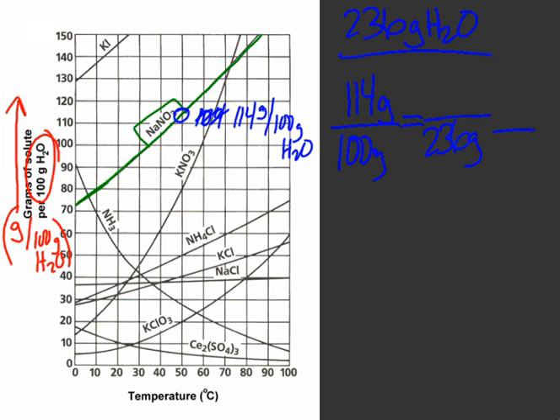So remember, these are both H2O, and these are both the solute. Okay, so I'm just going to solve for x.